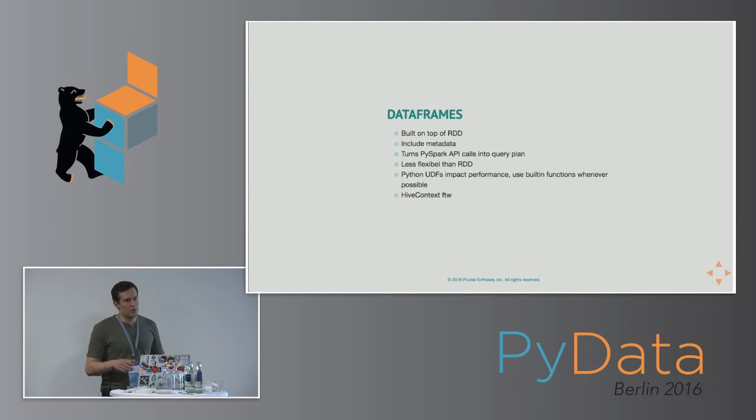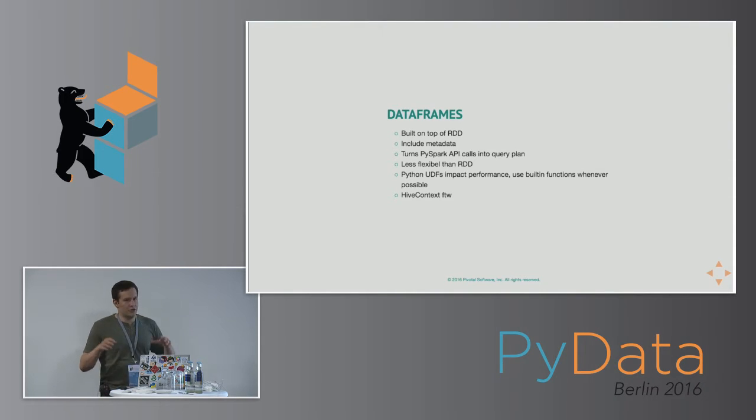A notable exception is Python UDFs. A UDF is a user-defined function, and if you execute those user-defined functions on a data frame, what will happen is what was talked about: the Py4j has to communicate with the JVM and start serializing and deserializing objects, so it's a lot slower again.